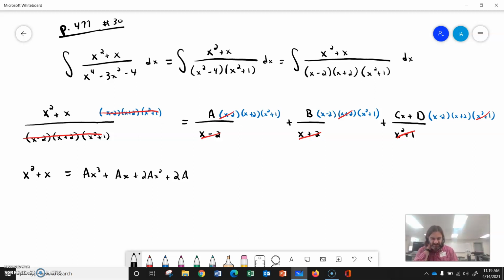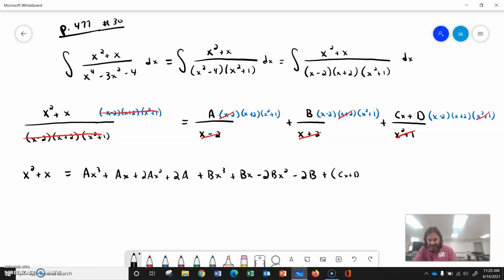Alright, the b terms. It looks like we'll have bx cubed plus bx. Let's make it neater since it will be important to get it right. And then minus 2bx squared minus 2b. And then the last fraction, oh no, this is even worse. So I'm going to have to take an extra step here, I believe, just to satisfy myself.